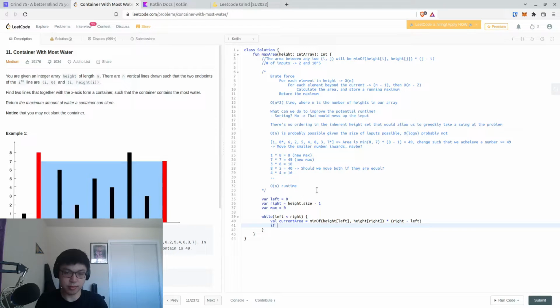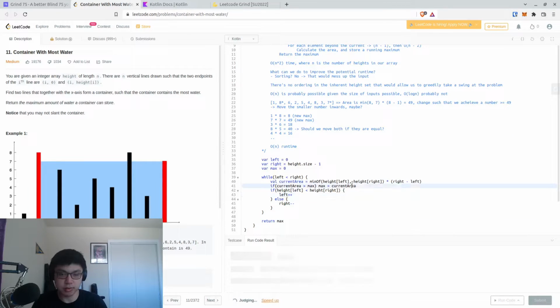If current area is greater than max, max is equal to current area. And then if height of left is less than height of right, then left plus plus, otherwise right minus minus, and then we just return max.